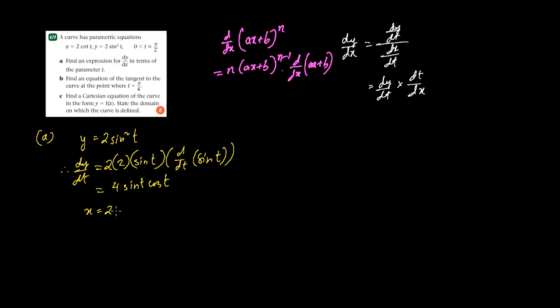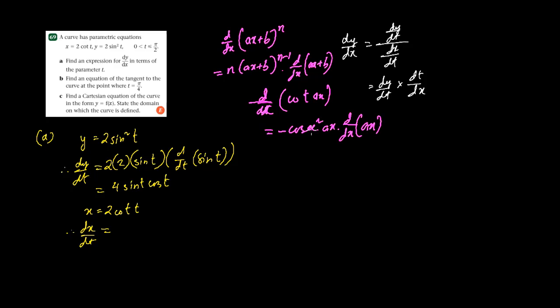Next we have x equals 2 cot t. So therefore we have to do the derivative. So d by dt of x is dx by dt, equals, now the derivative of cot. Now if you remember from C3, d by dx of cot ax is minus cosec squared ax into d by dx of the chain rule, the angle.